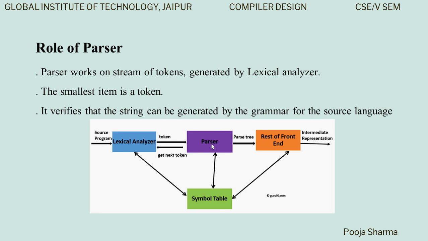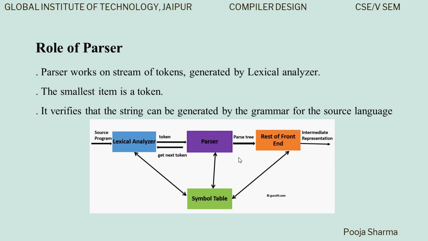Whenever the parser requires a token, it asks the lexical analyzer and then proceeds. Then it tries to see which grammar rule may be applied for deriving the input, and if it is successful, then the process will go on.